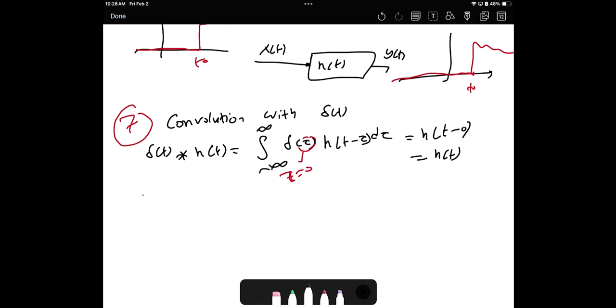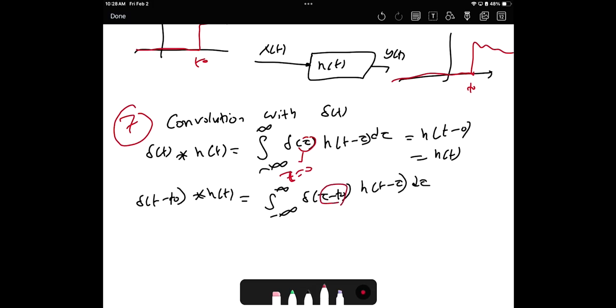Whenever we have delta of t minus t0 convolved with h of t, it will be the integration from negative infinity to infinity of delta of tau minus t0, h of t minus tau, d tau. Here this means you will substitute tau equals t0, so we will end up having h of t minus t0. Okay? So if you make the convolution only with delta, it will be the same function itself.